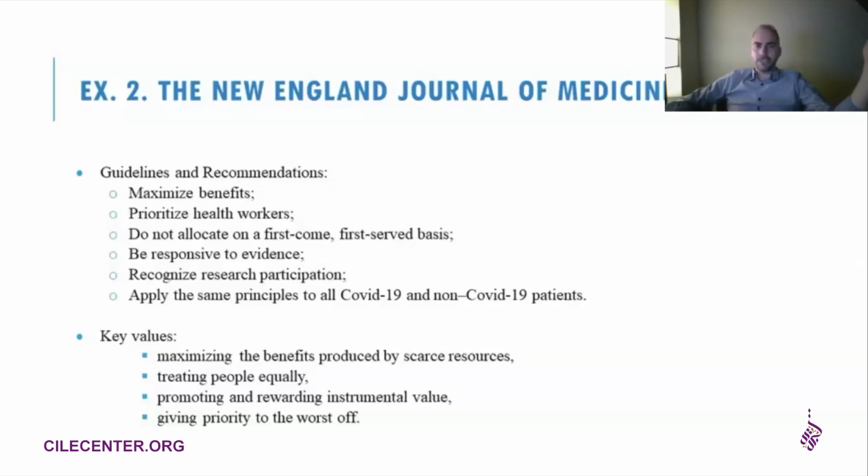So in this case, should I prioritize young people over the old people, because we will maximize the life years in this case? And this happened in Italy, for example, during COVID-19, and it was a controversial issue.